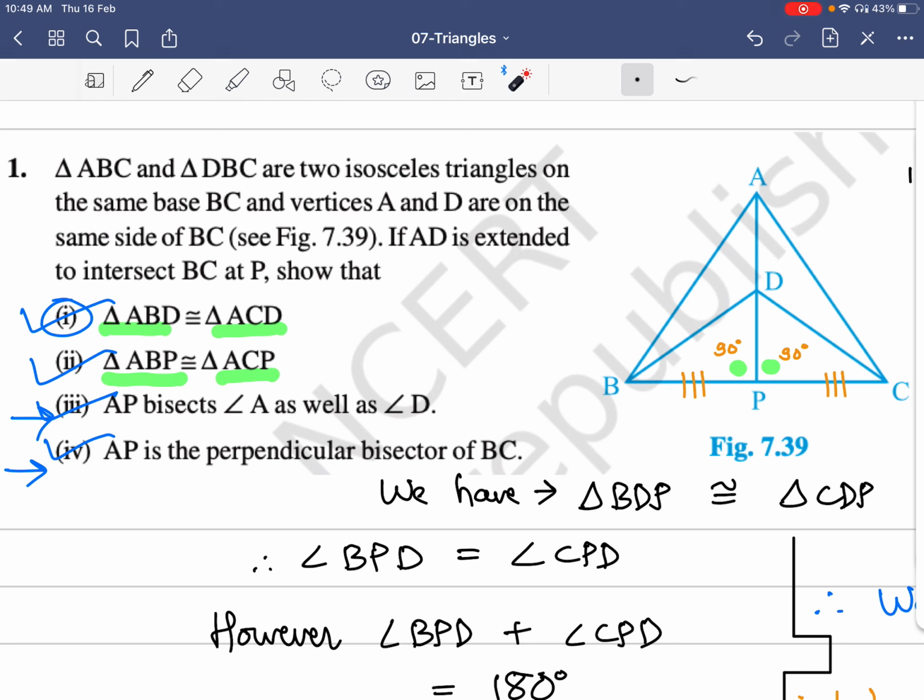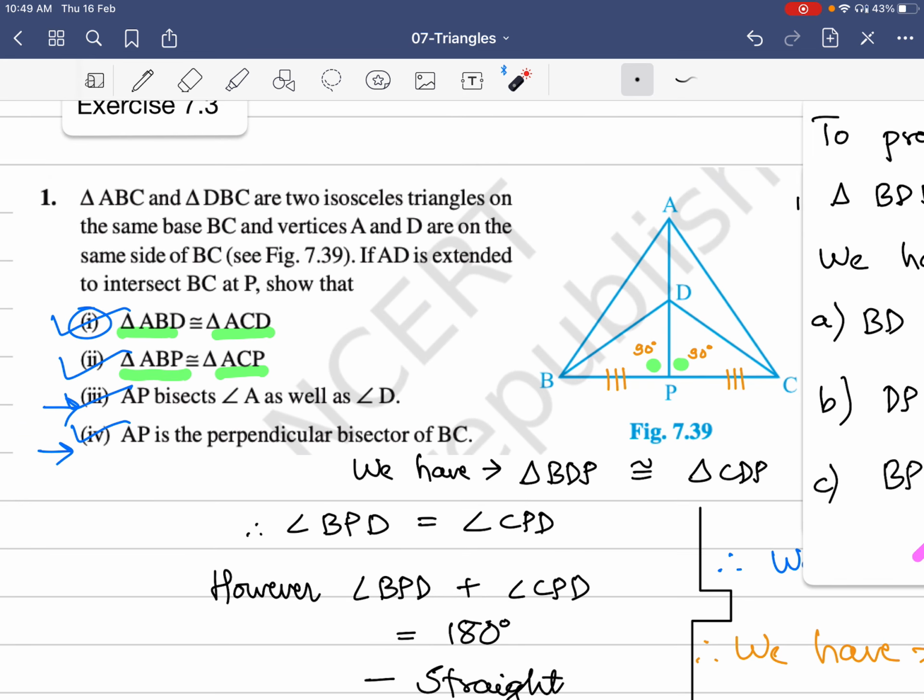That is very important. You have to be a little bit alert and focused while solving this problem, seeing how step by step one proof leads to another. That was a little bit different in this problem. Otherwise it's a very simple and straightforward problem.